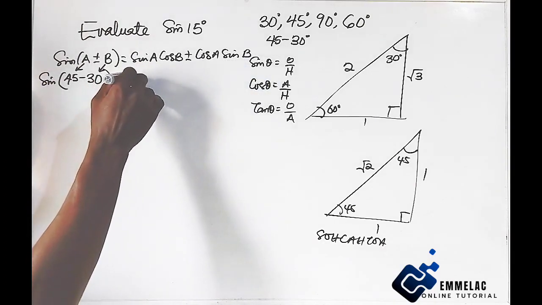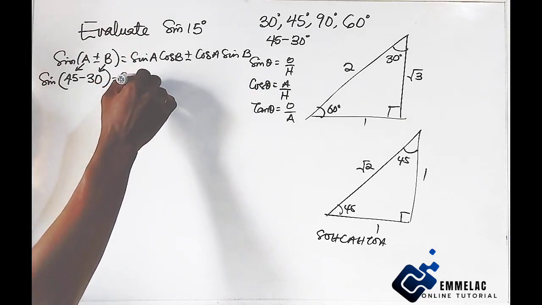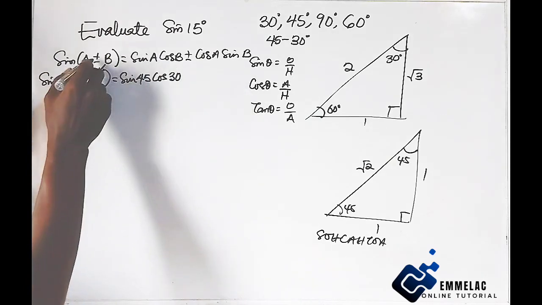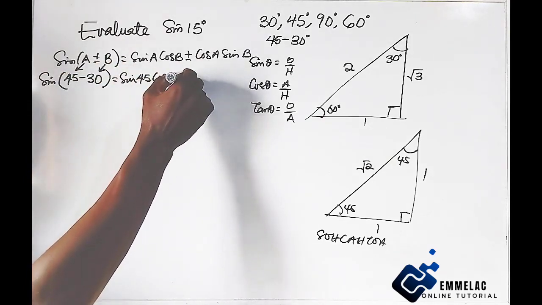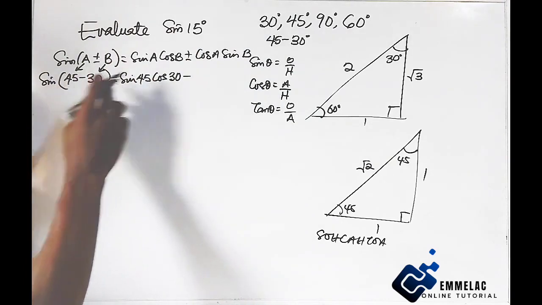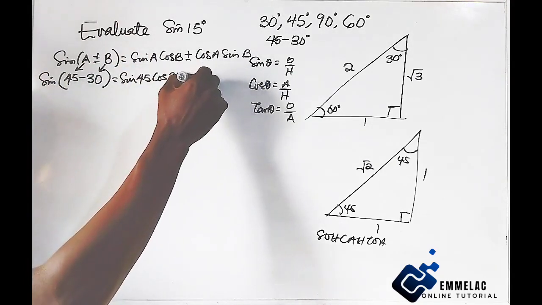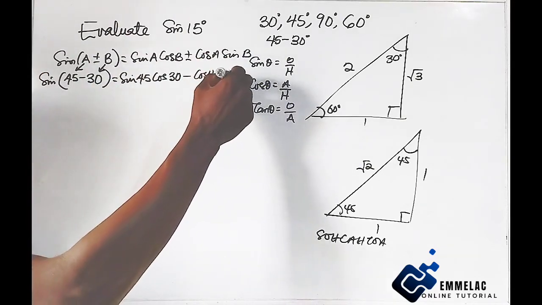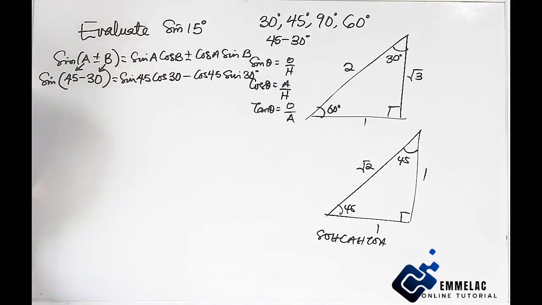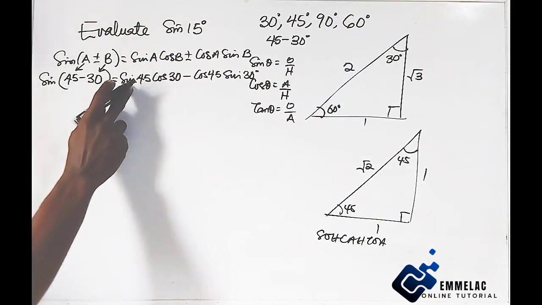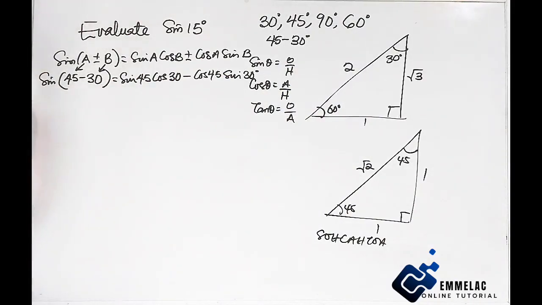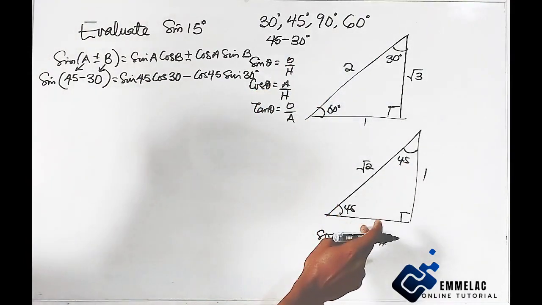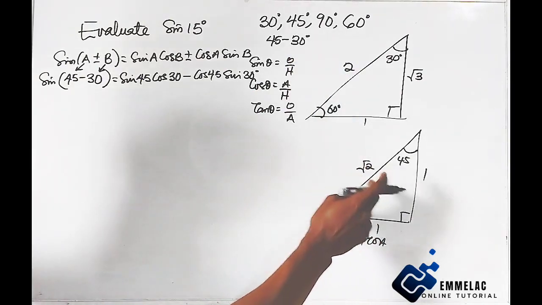So here you have sine a, which is sine 45, then cos b, which is cos 30. Since the signs correspond, we have minus, then cos a, which is cos 45, then sine b, which is sine 30 degrees. For sine 45, sine is opposite over hypotenuse, that will be 1 over root 2.